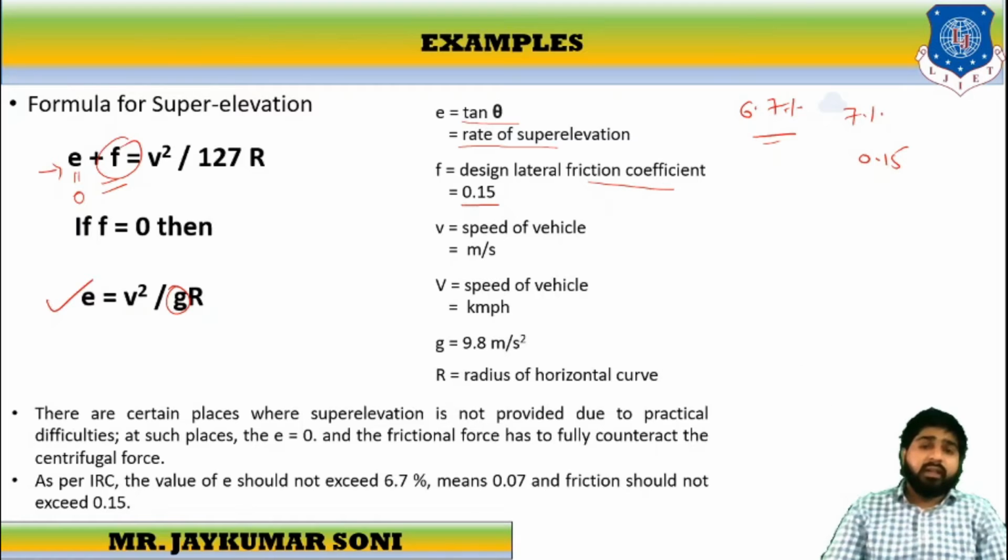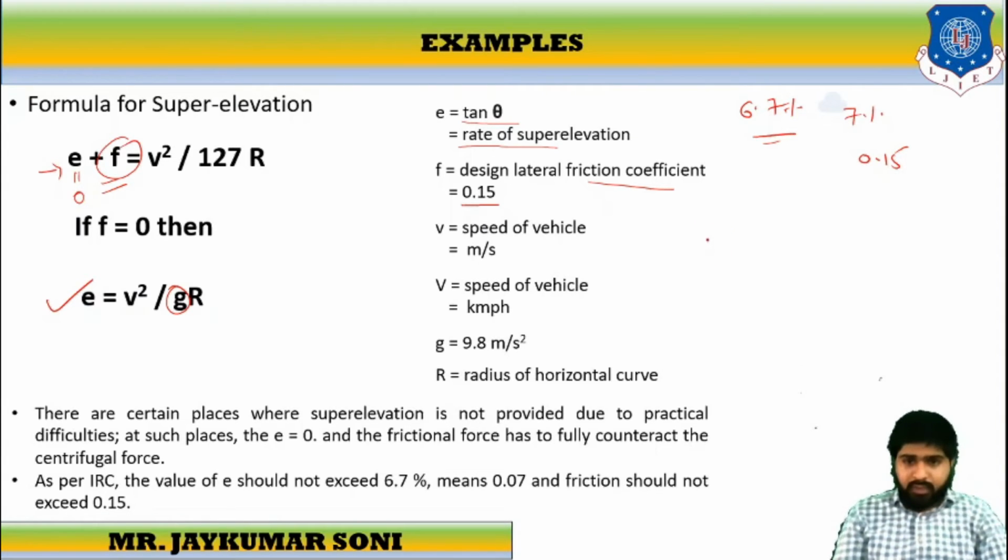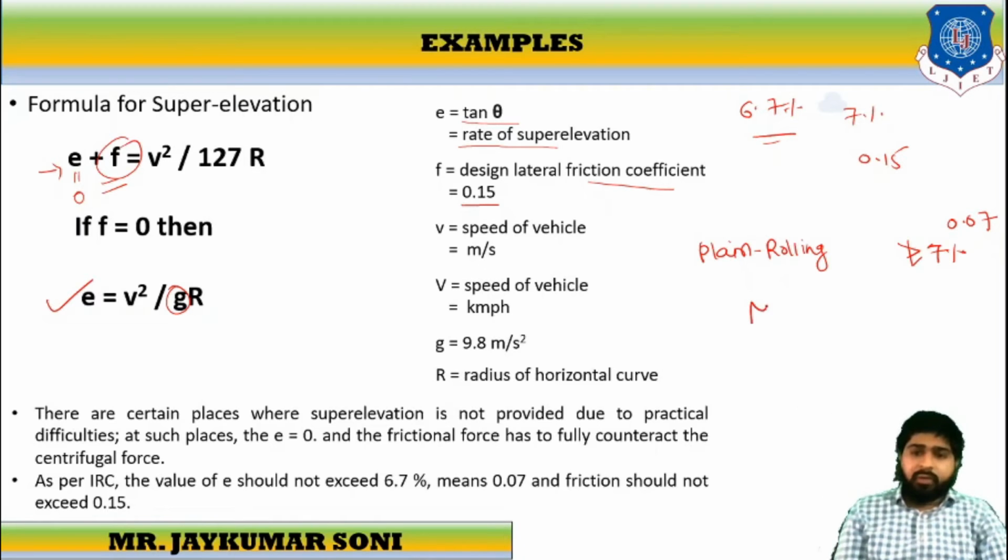If we discuss it in detail, these are the criteria: if it is plain terrain or rolling terrain, then the maximum super elevation is 7 percent, that is 0.07. If it is a mountainous region, then it is 4 percent, that means it should not be more than 0.04. And if it is an urban area like Ahmedabad with many intersections, then it is 10 percent, it should not be more than 0.10.